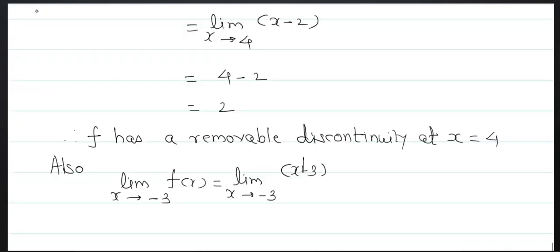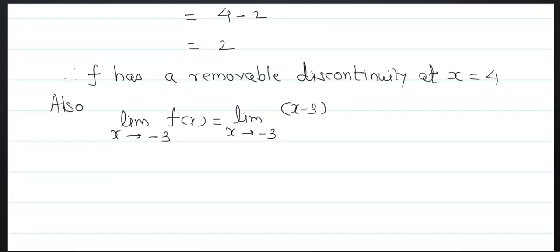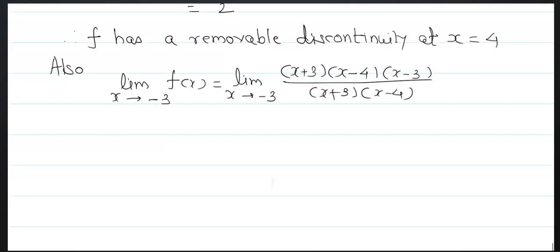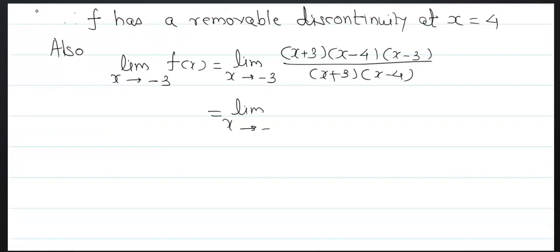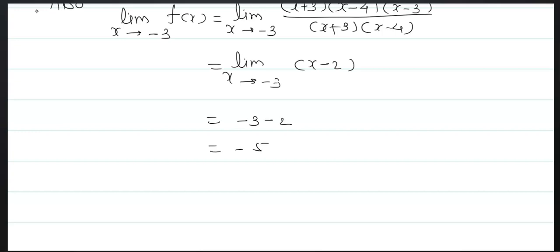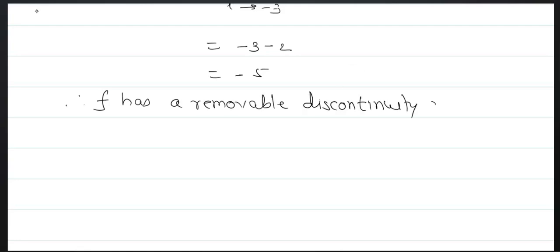Also, at x is equal to minus 3, the limit is minus 5. F has a removable discontinuity at x is equal to minus 3.